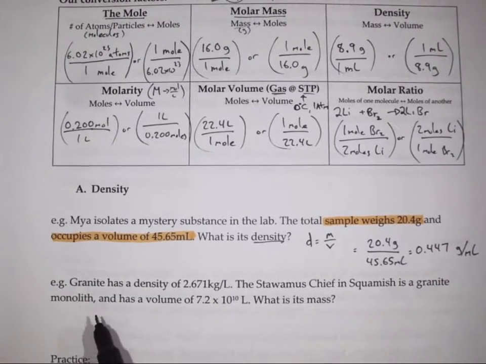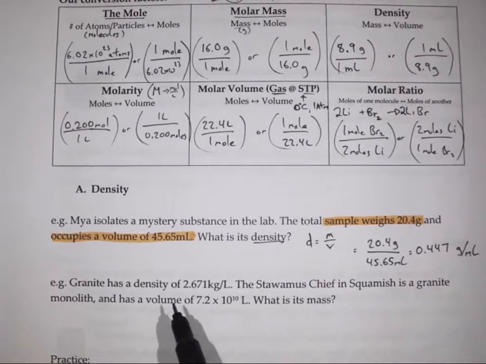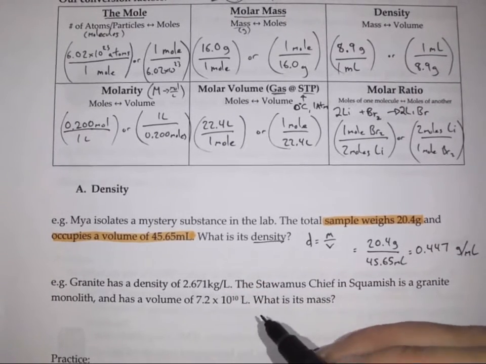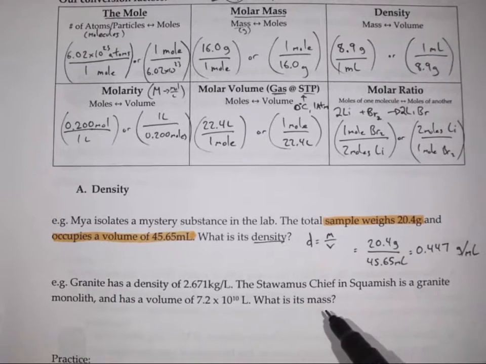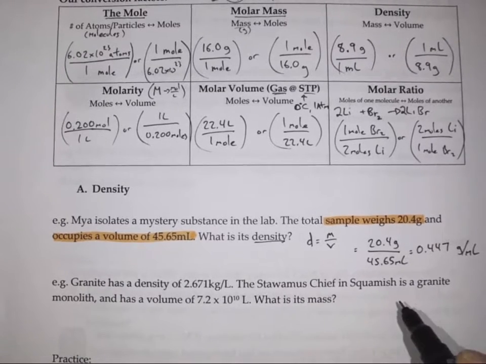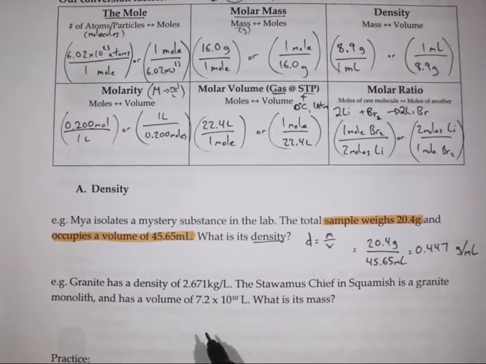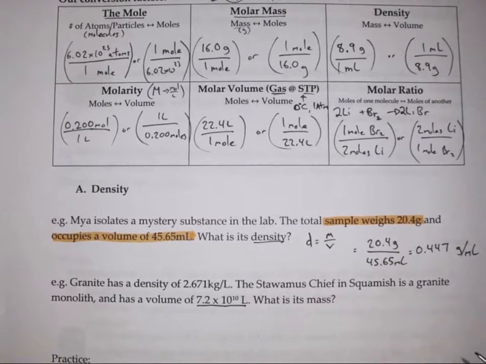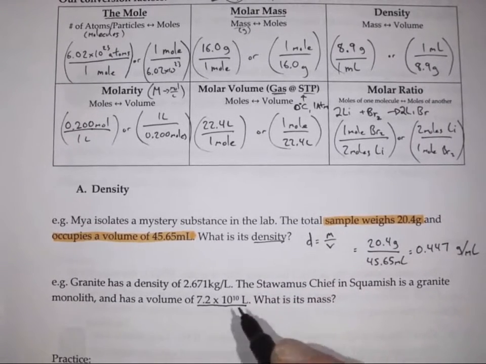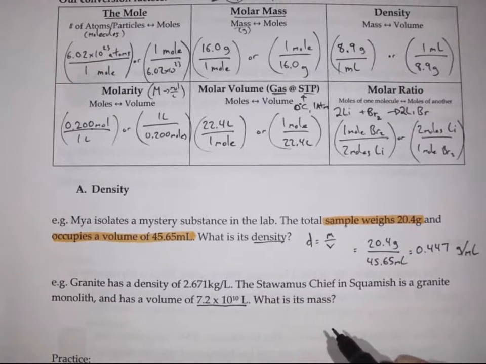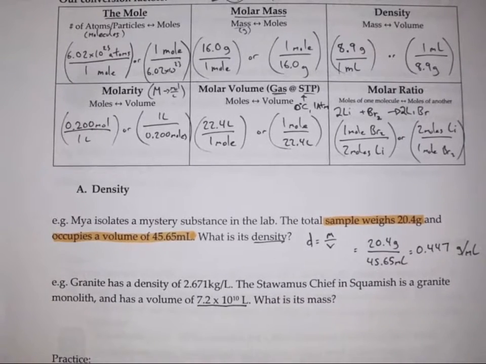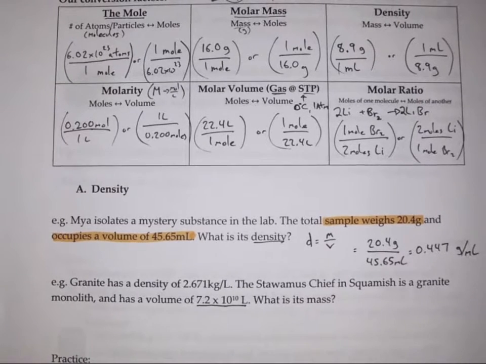All right, so granite has a density, so we're given a density, 2.671 kilograms for every liter. And the chief in Squamish is made of granite and has a specific volume. The question is, what's its mass? Okay, well, just like we've been doing in previous questions, we want to start with whatever we know that's specific to the example we care about.